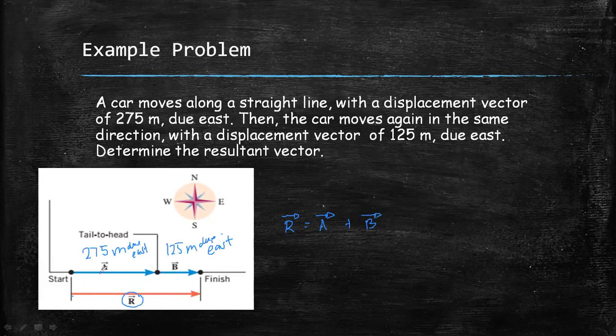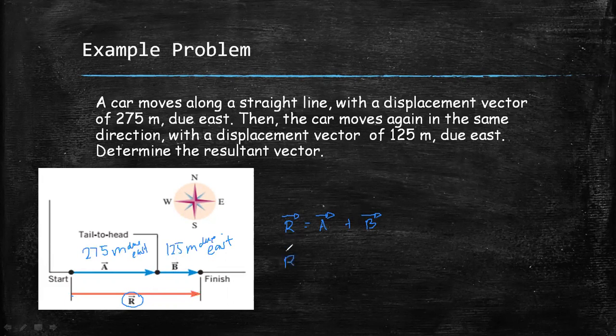We can see that vector A and vector B are along the same direction, which makes our problem easier. In this case, we can simply add 275 and 125.